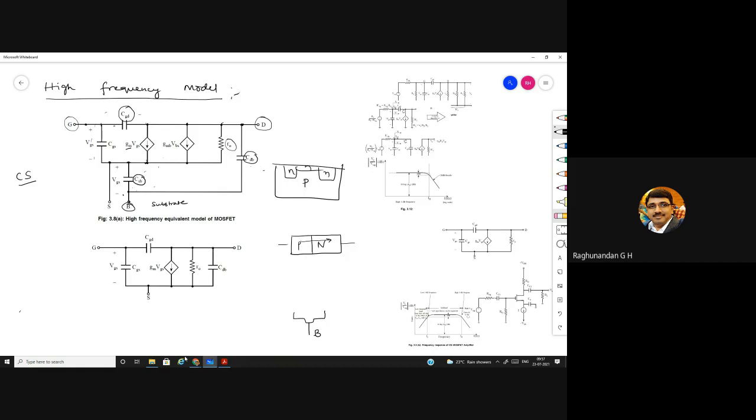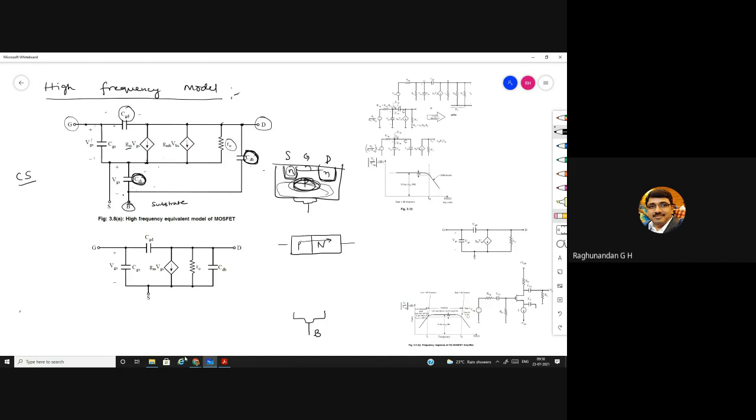This is the substrate. The substrate connection will be here, and this entire thing is the substrate. Between the P substrate and the N well, there is one junction formed with respect to the source. And between this P substrate and the drain, there is one junction formed. That is this one: drain, source, and in the middle the gate.